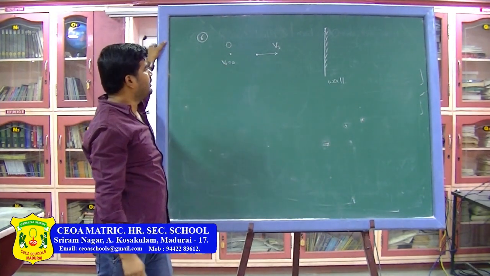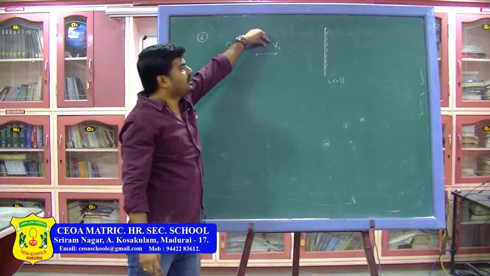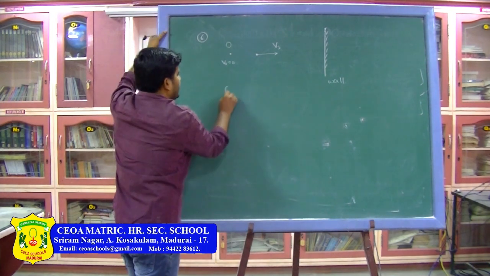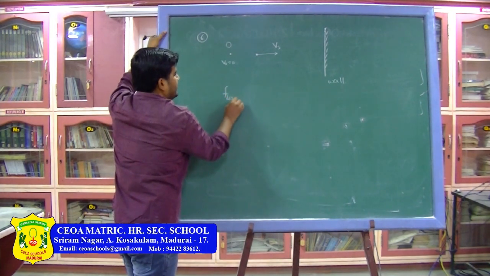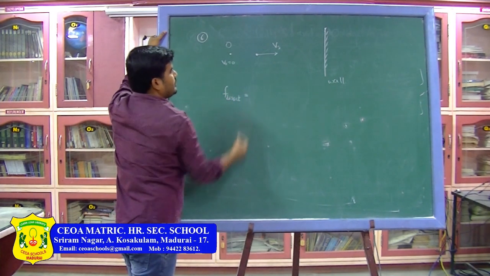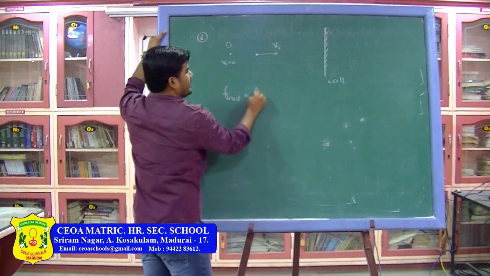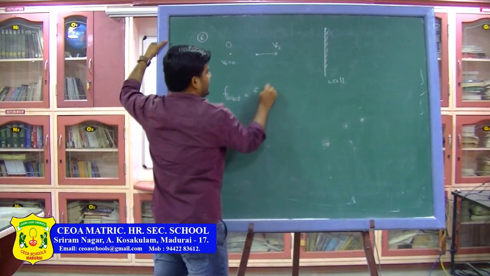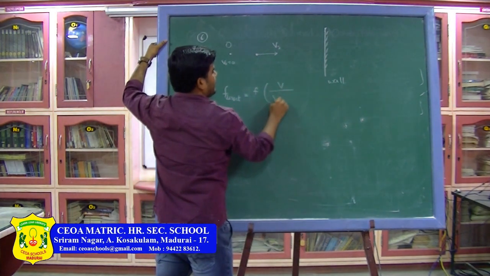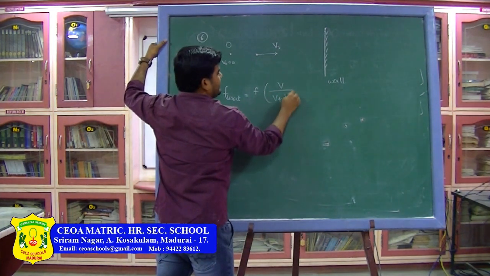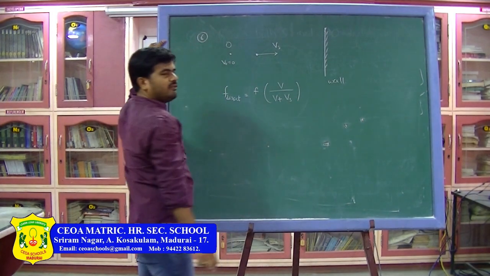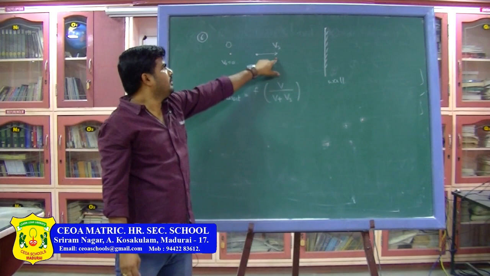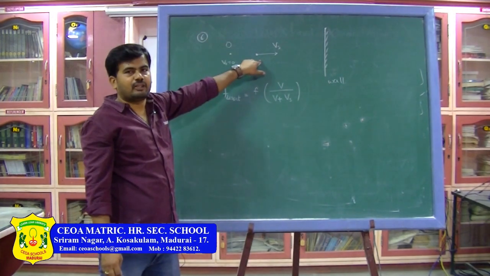Now, the apparent frequency in the actual sound or the direct sound, let me take it as F direct, is equal to F into V divided by V plus Vs, because the source is moving away from the observer. This is the apparent frequency due to Doppler effect in the actual sound.